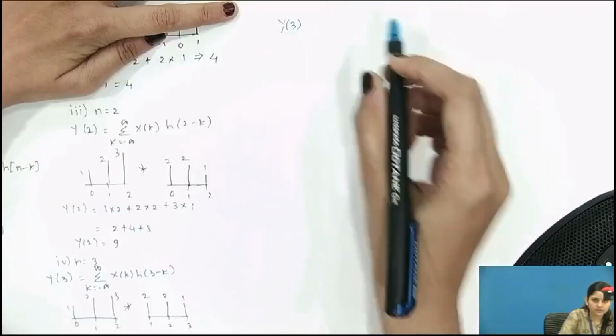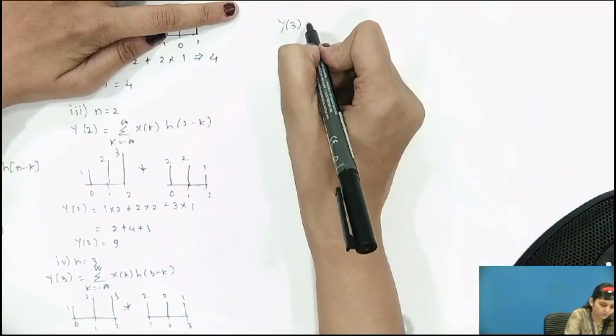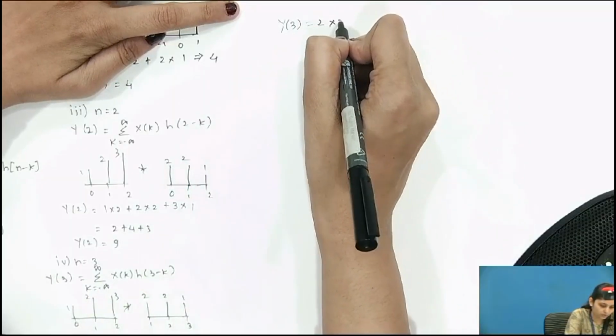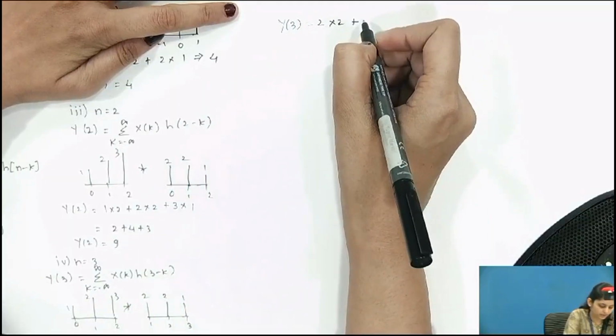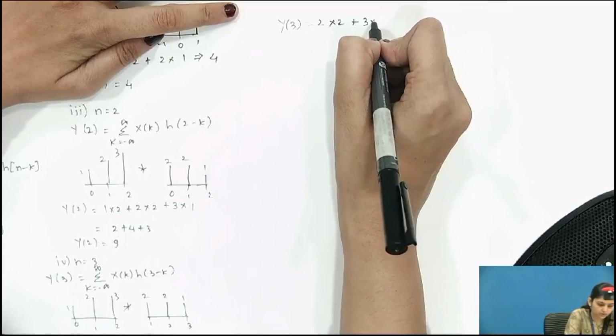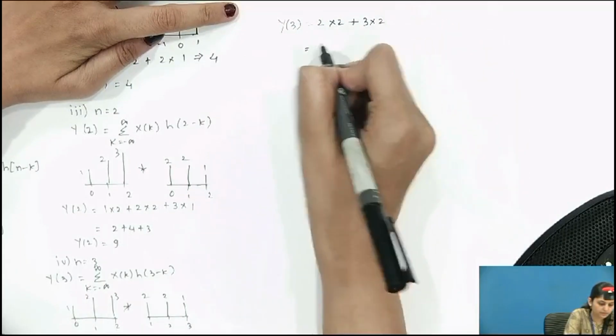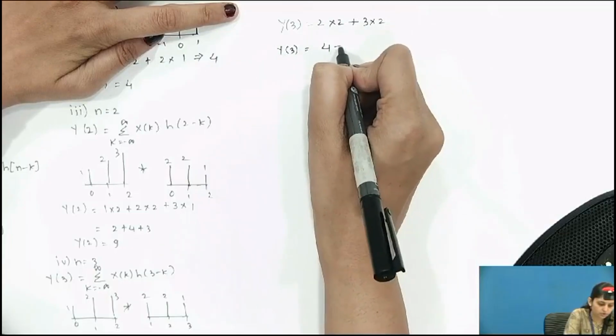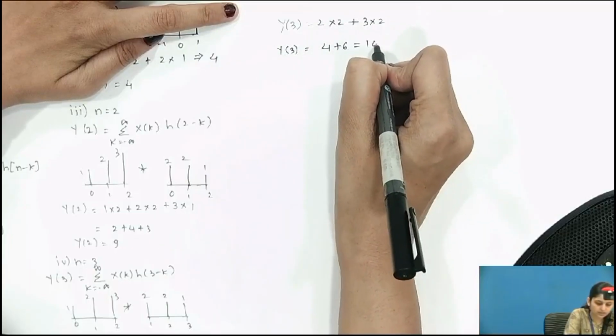So y of 3 is, for 1, amplitude 2 into 2, plus the next amplitude 3 into 2, and plus 0. That means we take only these values. So y of 3 is equal to 4 plus 6, which is nothing but 10.